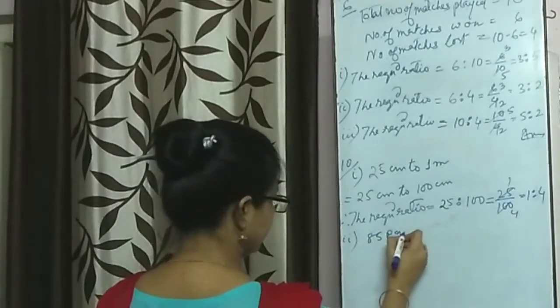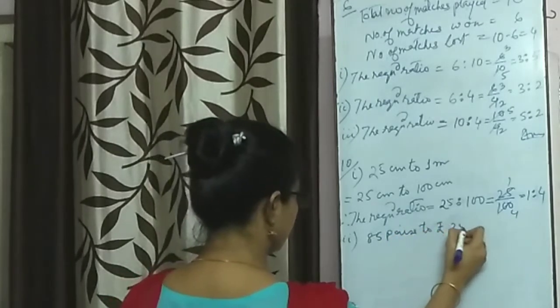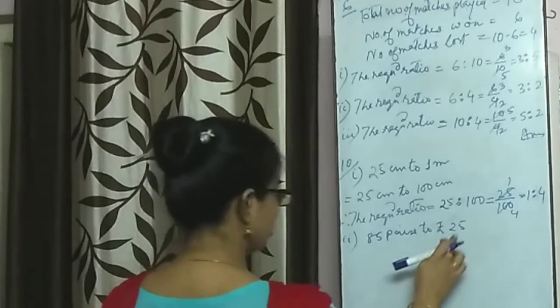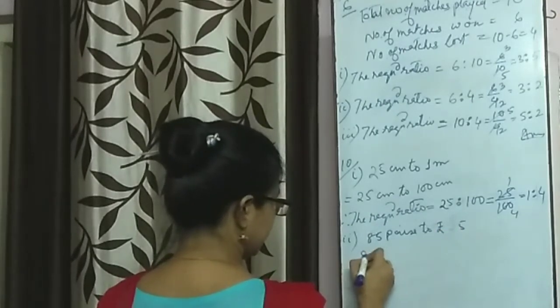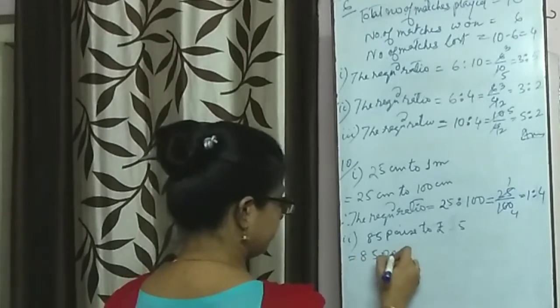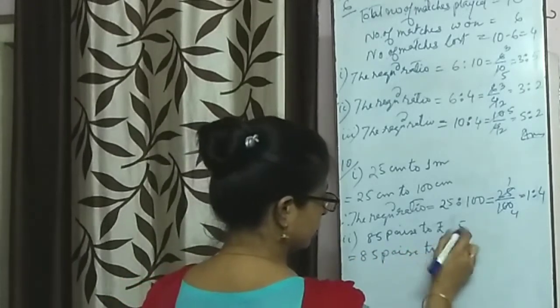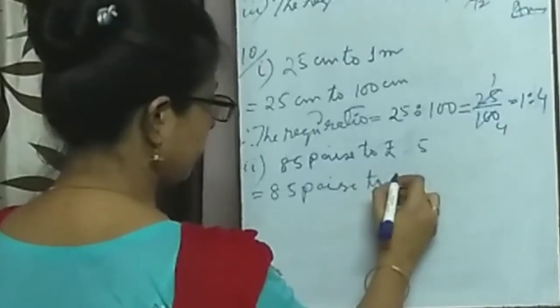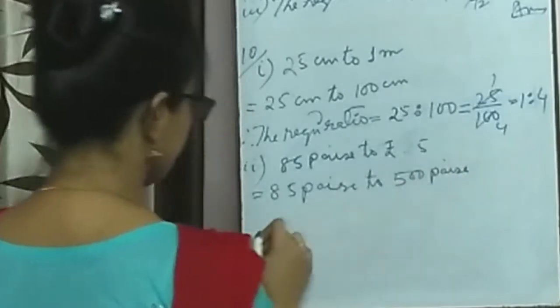85 paise to rupees 5. It means what? 85 paise to these rupees 5, you convert into paise. So 500 paise.